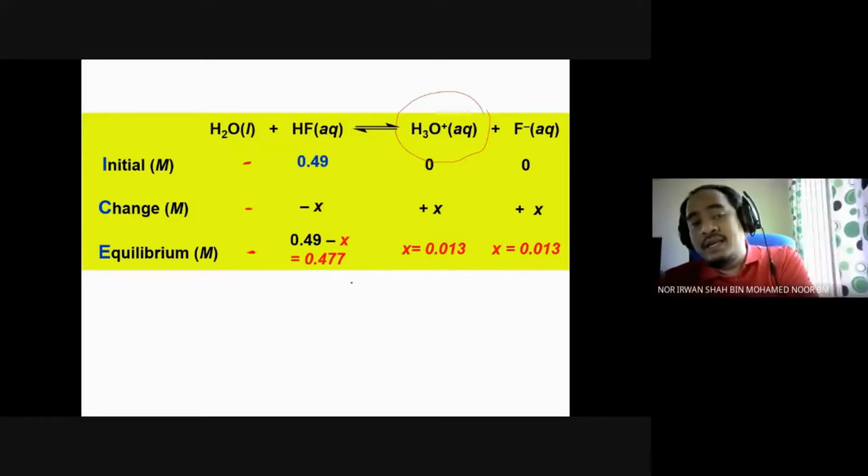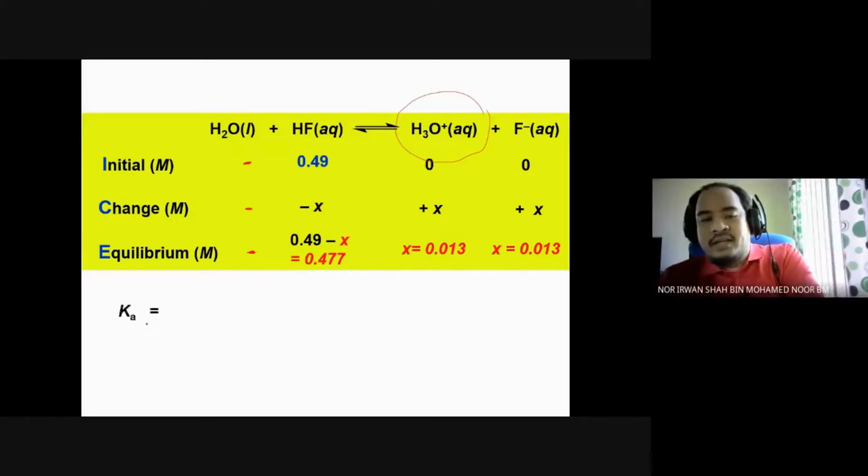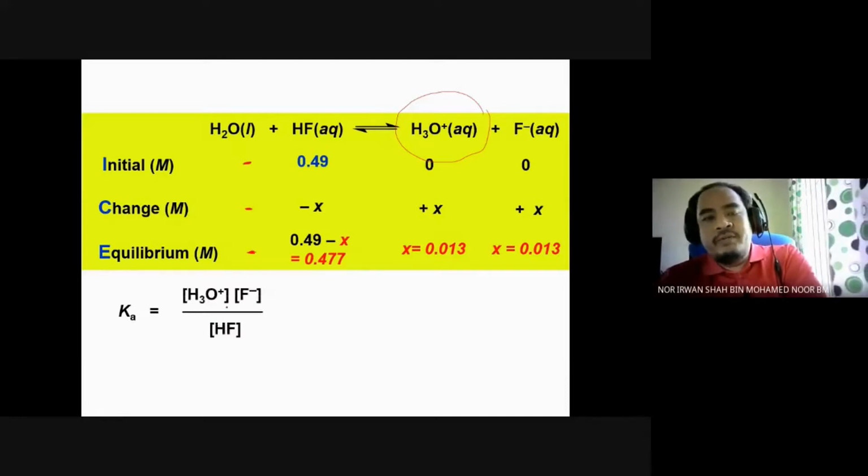Sebab kita nak kira Ka kan? Okay, kita tahu sekarang ni Ka ataupun the acid dissociation constant for hydrofluoric acid is equals to, okay, concentration of hydronium times concentration of fluoride divided by concentration of hydrofluoric acid. Since kita dah tahu ketiga-tiga nilai ni, so you just substitute je lah. Substitute ketiga-tiga values ni into this Ka expression.